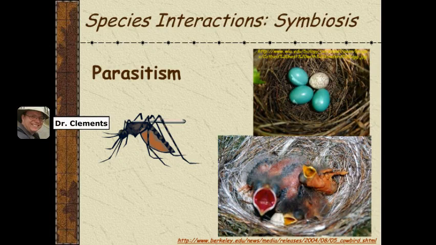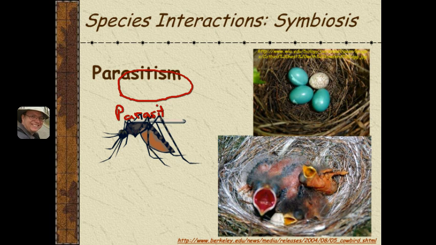The first example of symbiosis that we're going to look at is called parasitism, or sometimes referred to as parasite-host relationship. This is very similar to predator-prey in that one species is using another species as resources.